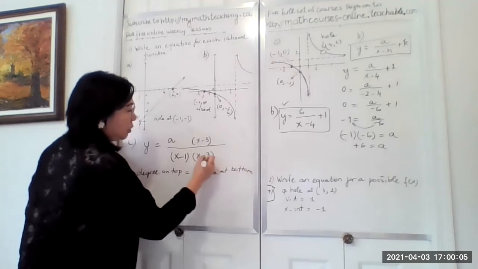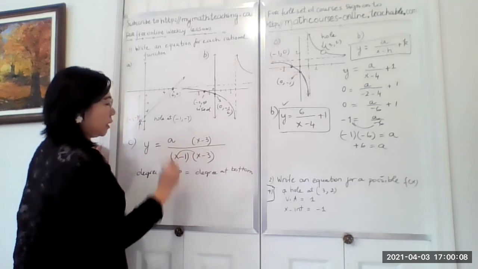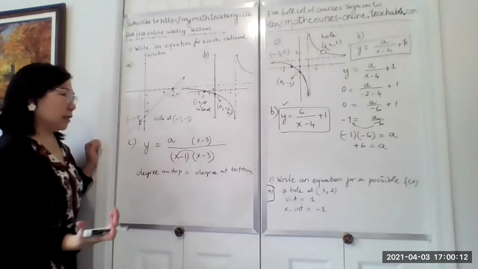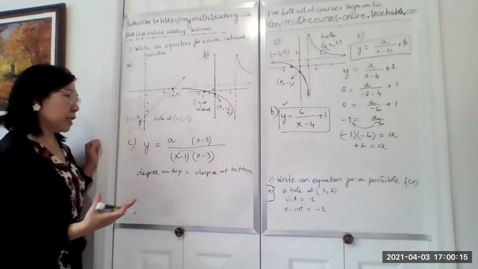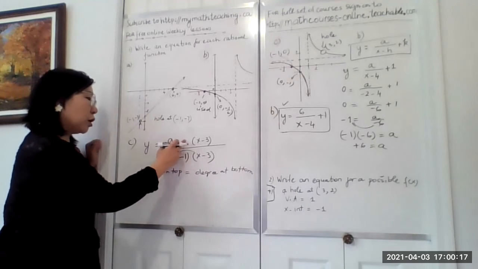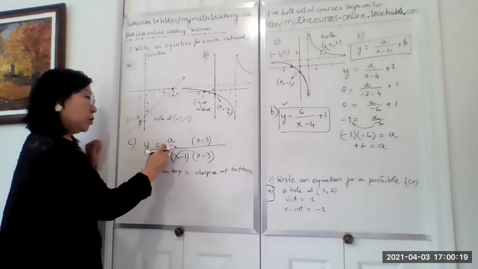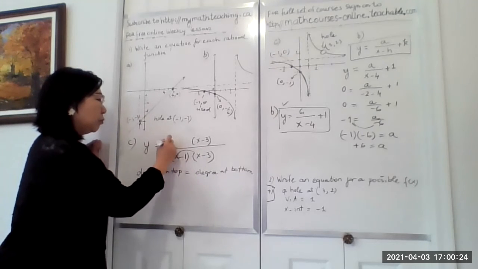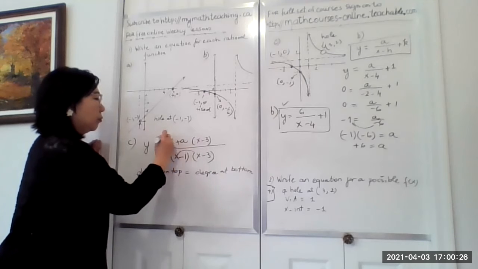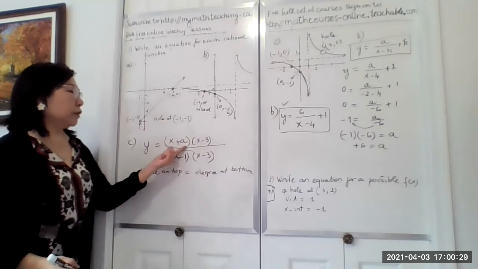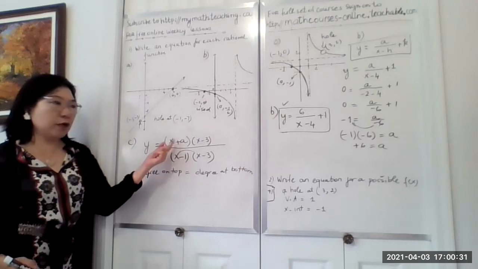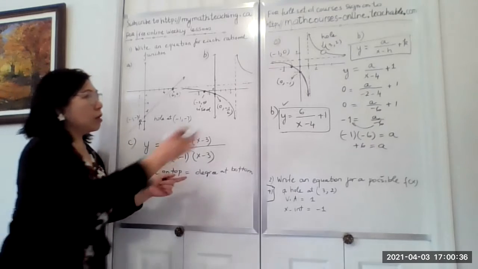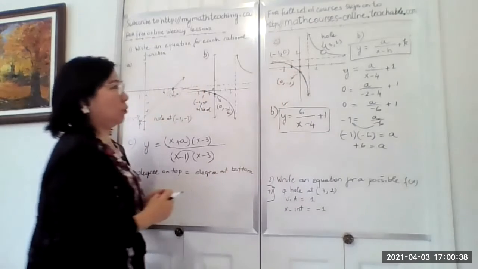What is our degree at the bottom? Obviously, x times x is x squared. So if we just put it like that to solve for A, it doesn't make sense because the degree on top doesn't equal the degree at the bottom. So we have to do something else, which is A plus x, or we can put x plus A. This is the vertical stretch factor we don't know. We're going to solve for A.